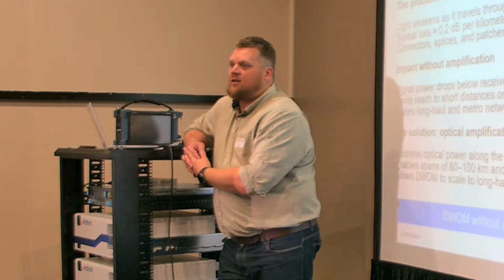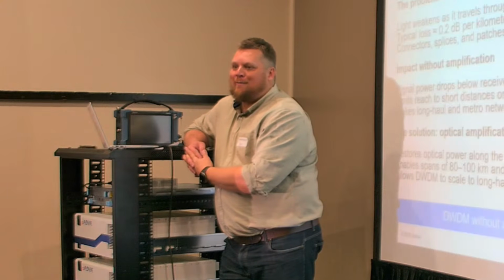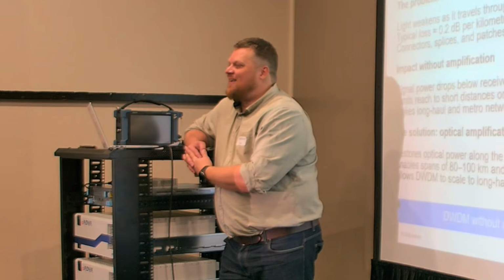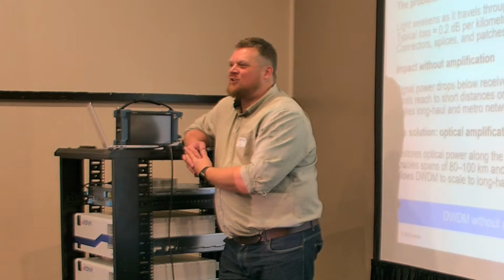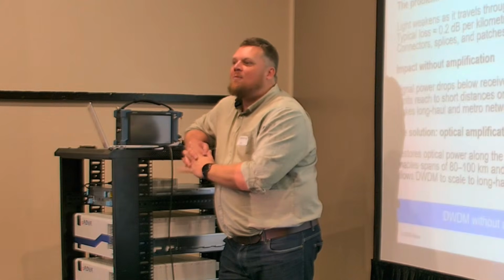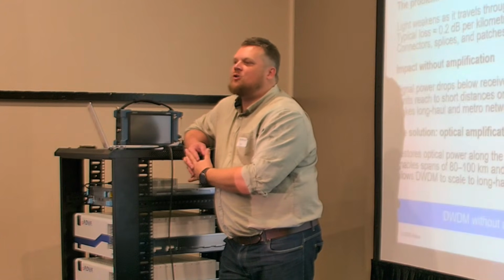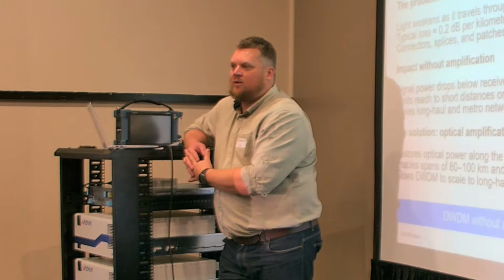The fiber is also slightly different. It's not your local fiber that you get down the road put in by your operator, right? They've got very specialized fiber. I think submarine fiber losses are something like 0.1 dB per kilometer. But they also manage the way they splice that stuff. But amplification is always a requirement when you start going beyond the 50 kilometers.